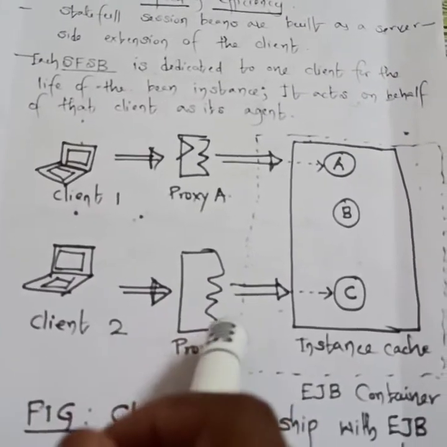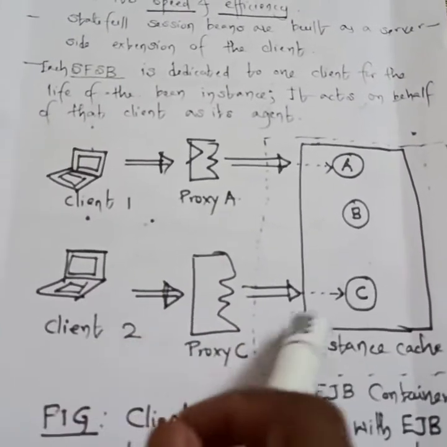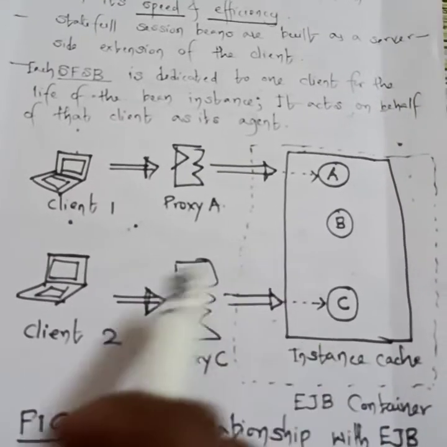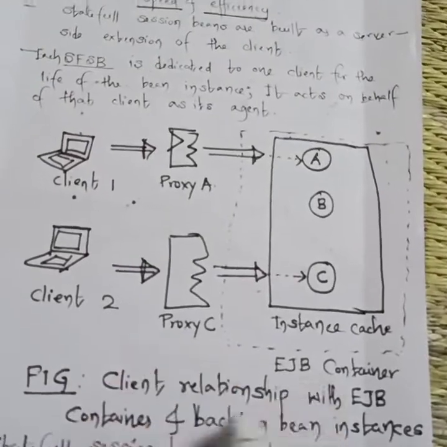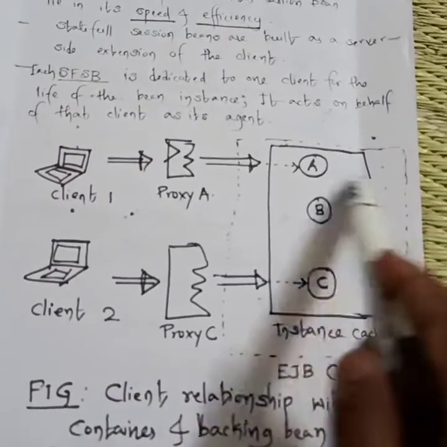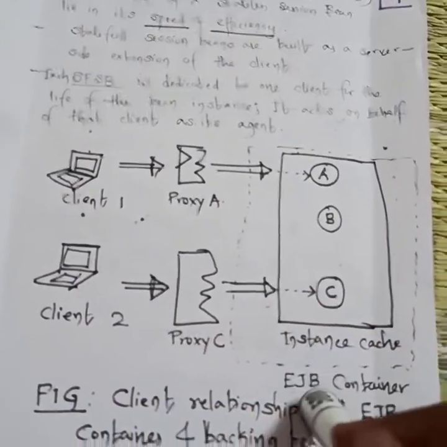Client 2 also assumes it is directly interacting with the EJB, but in reality it is interacting with proxy C.